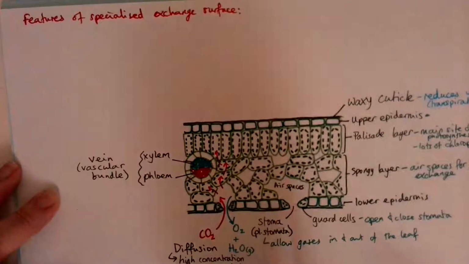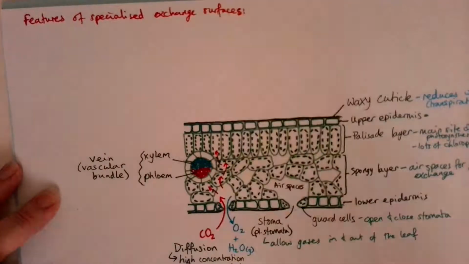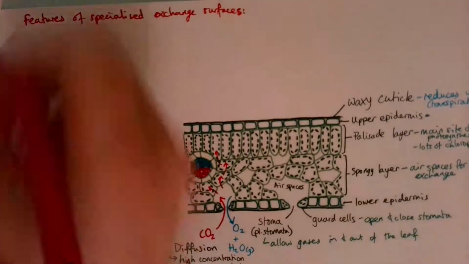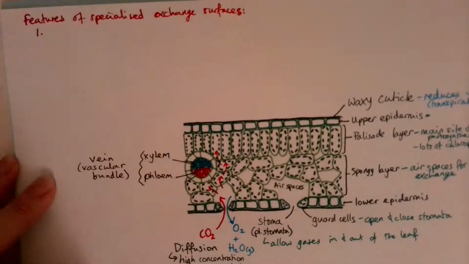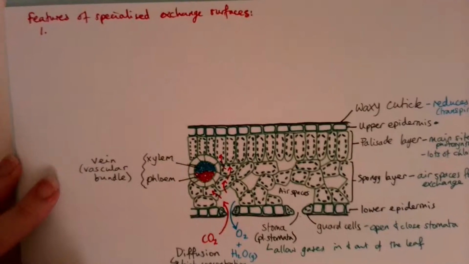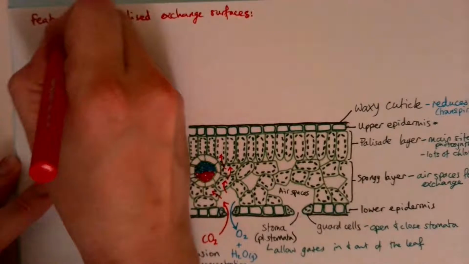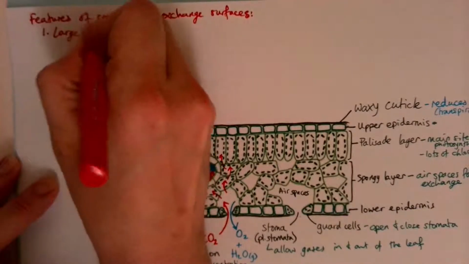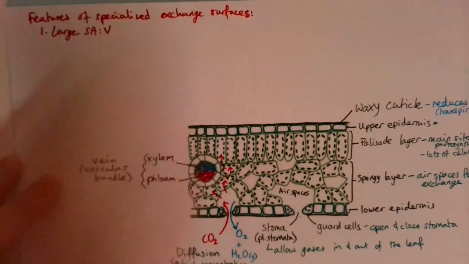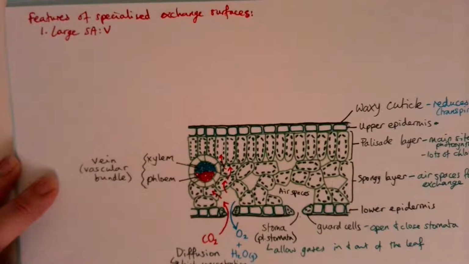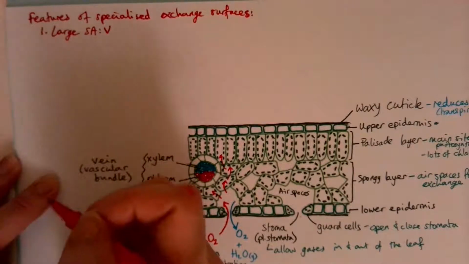So generally we can break this down into 4 key things. So number 1, all specialised exchange surfaces have a large surface area to volume ratio. You can write that like that, SA colon V, surface area to volume ratio.